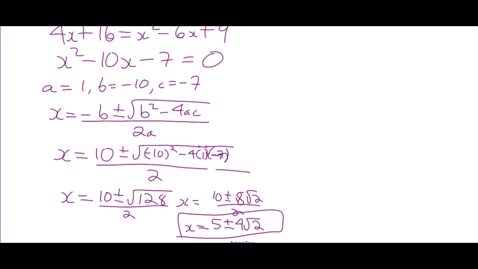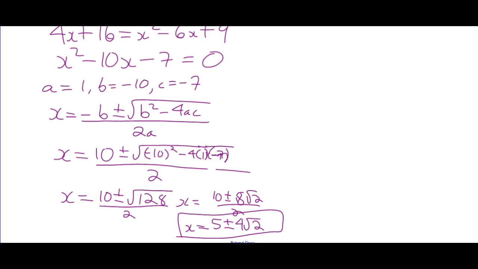Oh, except, what's 4 root 2? Well, root 2 is like a little bit over 1.4. 4 times that is like 6. 5 minus 6 would be negative 1. Or what do we say x has to be? Greater than or equal to negative 4. So if we go 5 minus, I think we'll still be okay, right? So 5 plus, that's fine. That's going to be positive. 5 minus 4 root 2, that's still above negative 4, but you might want to just verify that.